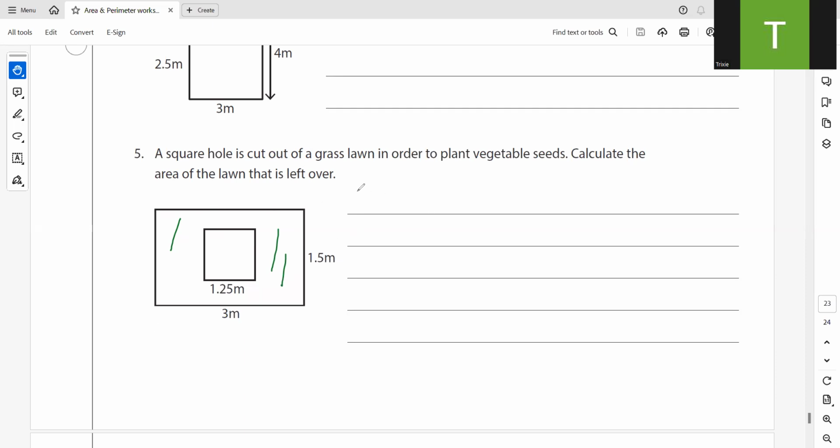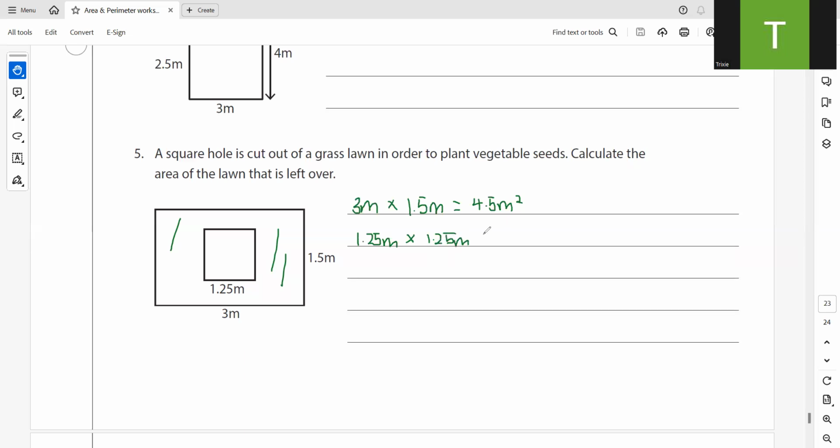Which is given here, the base is 3 meters and the height is 1.5 meters. So 3 times 1.5, you'll get 4.5. So the original one is 4.5 meters squared. Then you need to minus the square hole that is cut out, which is 1.25 meters times 1.25 meters.